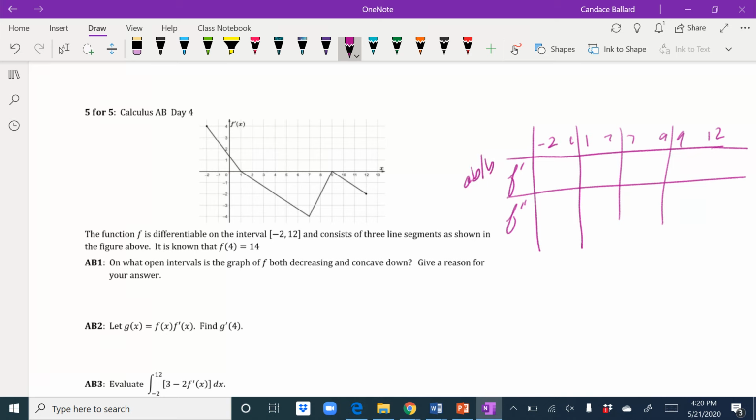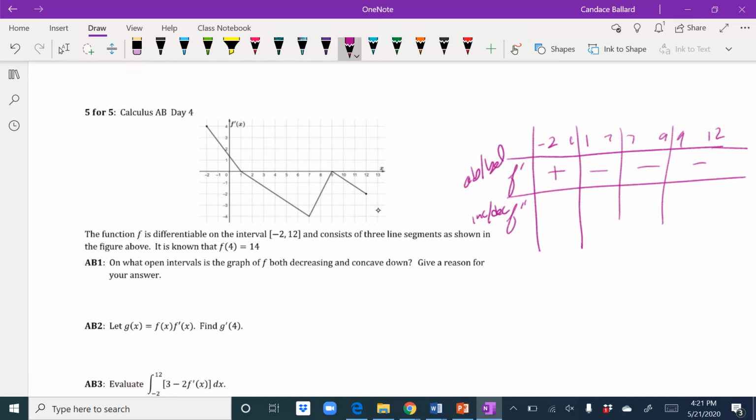Because I'm looking at the graph of the derivative, I'm going to look at what's above and what's below, and then I'm going to look at the increasing and decreasing for that part there. So what's going on first? Am I above or below? Above. And then what happens to the rest of them? It's all below. Okay. And then for the second derivative, we look at the slope on the derivative graph.